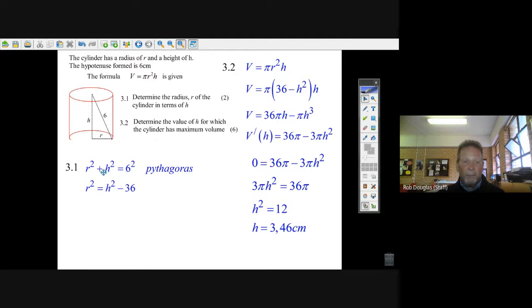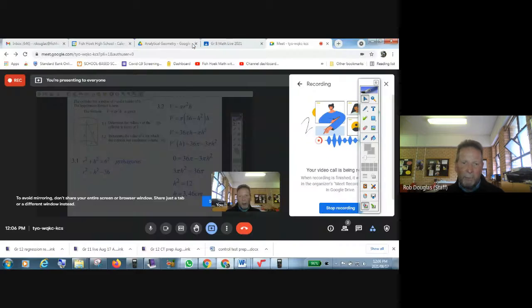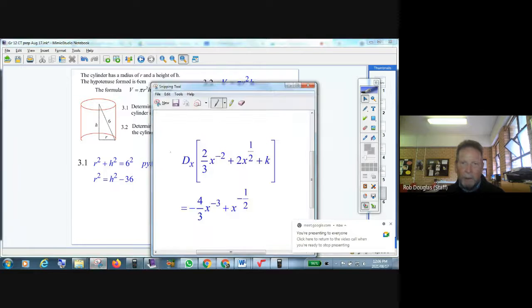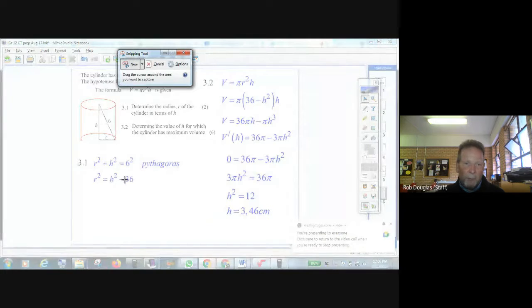If we subtract h squared from both sides, we will get the right answer, and I just want to fix it up a little bit here because for some reason, I've reversed this here, and that's a little bit silly.